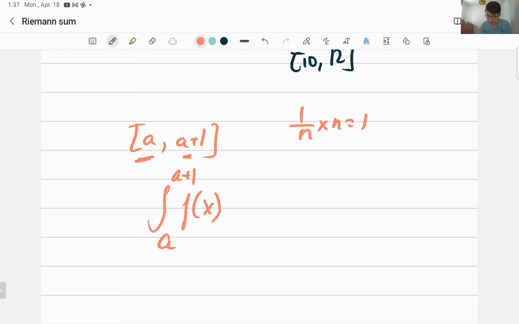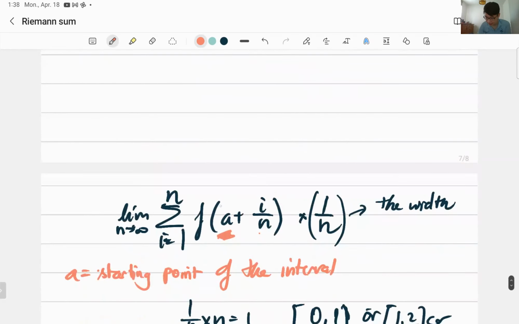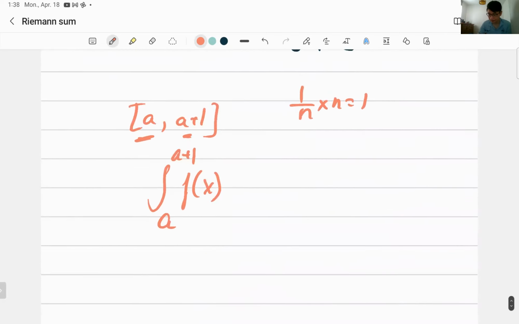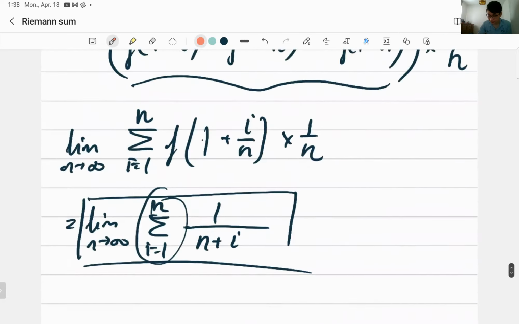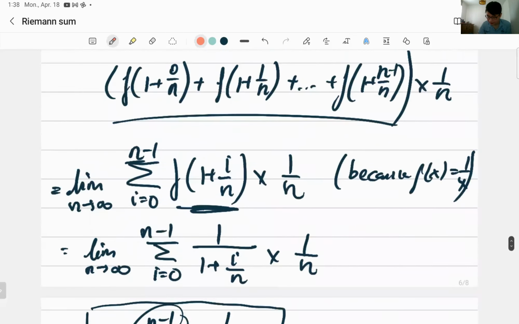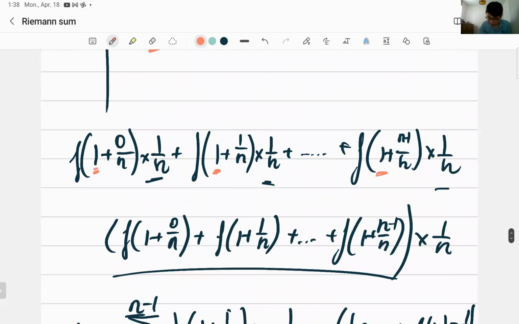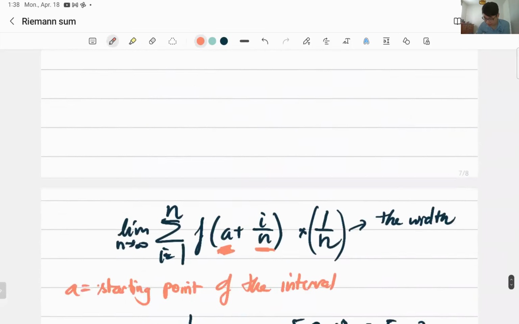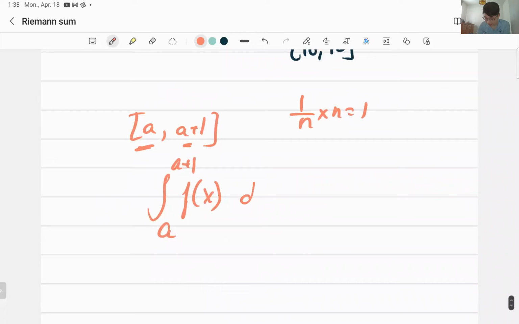So f of x, because the whole point here is that this part is a, and the remaining part is x. Remember, we're dividing 1 plus 0 over n, 1 plus 1 over n, 1 plus n minus 1 over n. These are the x-values, these are f of x. And so we write this as f of x and then dx.